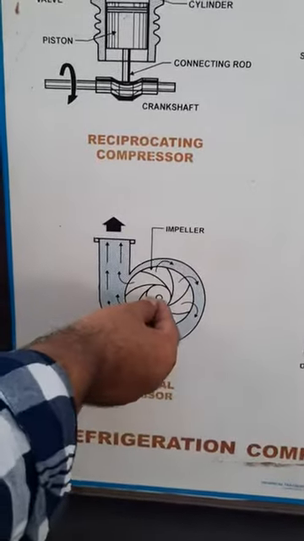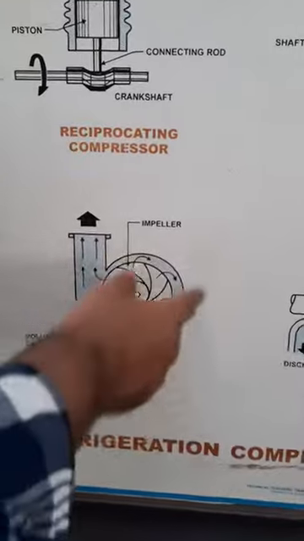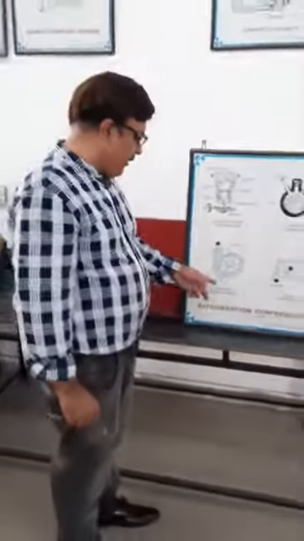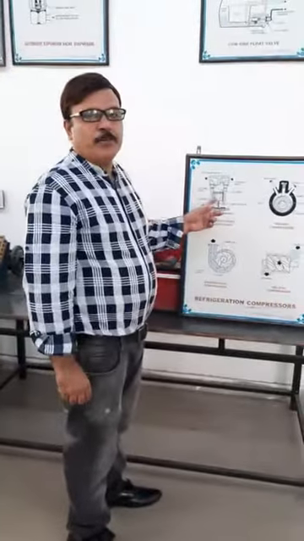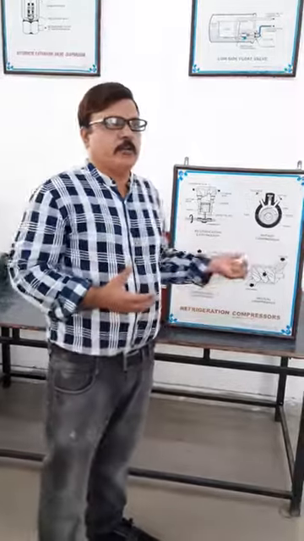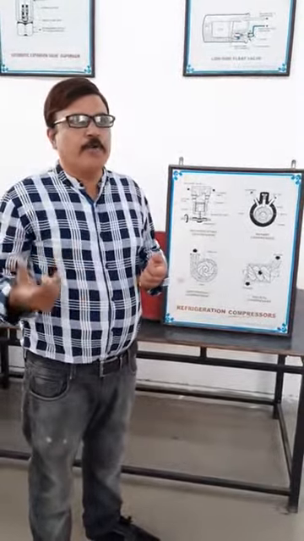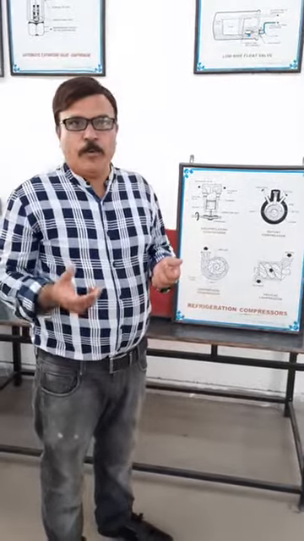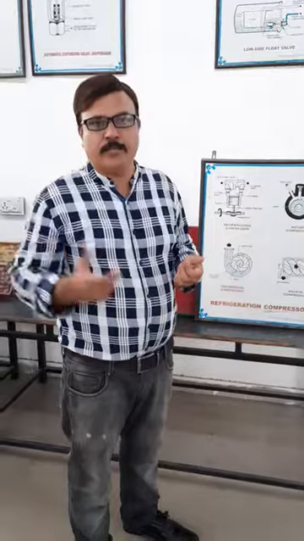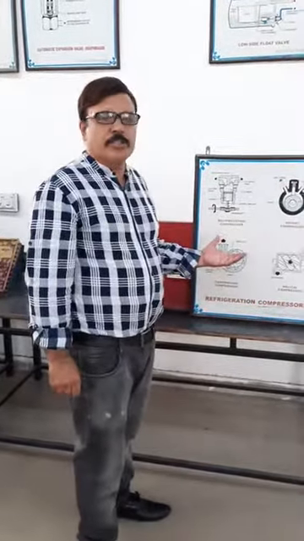At a low pressure and low temperature, refrigerant will enter through this eye, and through centrifugal action its pressure and temperature both are going to increase, and through the diffuser it will be supplied to the condenser. So this type of compressor is mostly used for industry, where we require more tonnage capacity, from 1,000 tonnage capacity up to 10,000 tonnage capacity. So this is mostly used for commercial or industrial purposes.